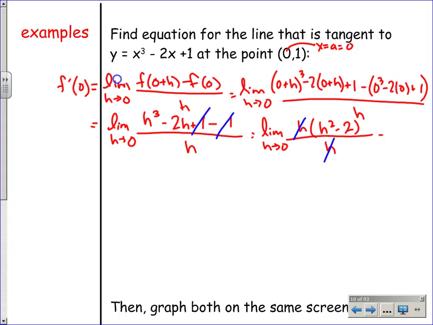Did anybody get to negative 2 before me? Anybody? Okay. I had one head nod. Anybody else? We're on the right track, though.